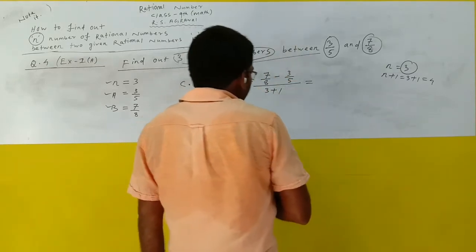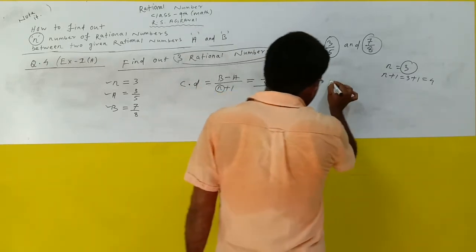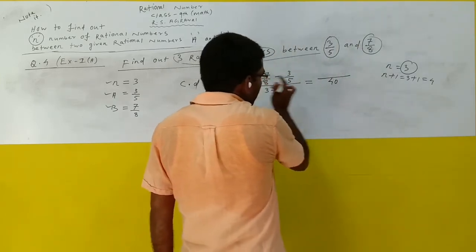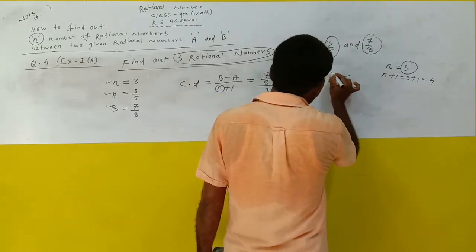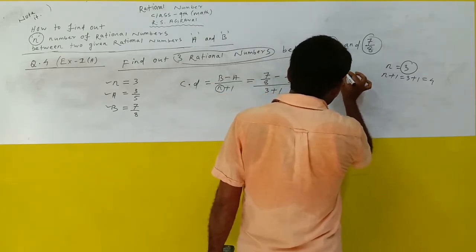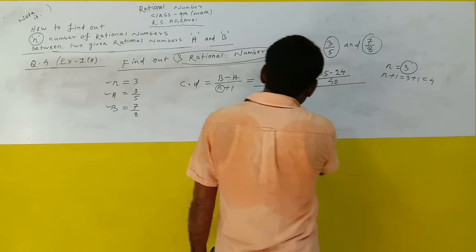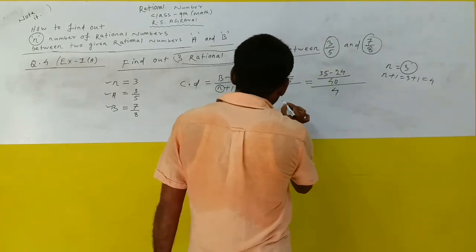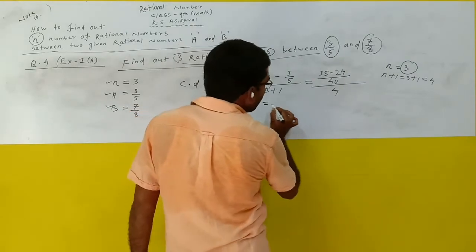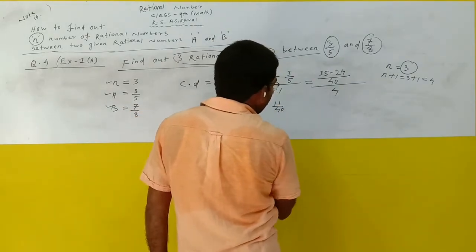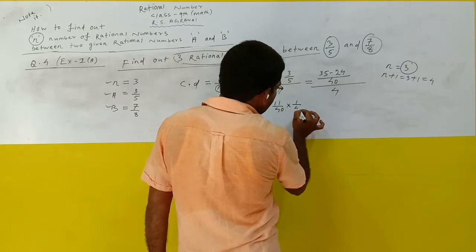First subtract by taking the LCM of 8 and 5, that is 40, and it will be 35 minus 24, divided by 3 plus 1 equals 4, which is equal to 11 by 40 into 1 by 4.